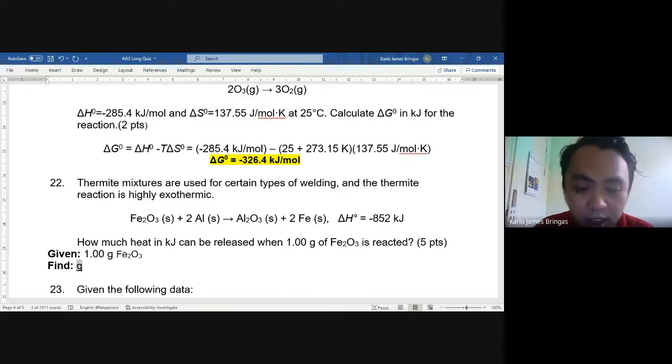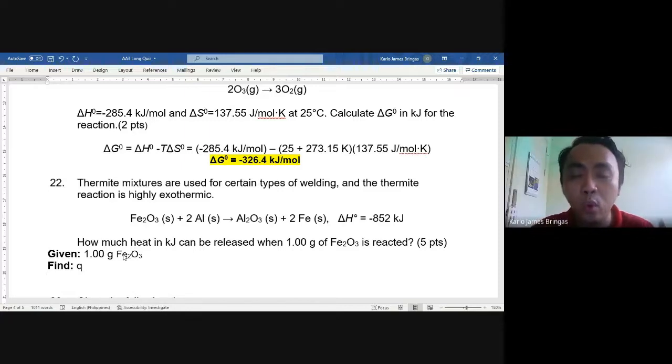Quick review lang. We have the thermite reaction going on in here. The thermite reaction is used in welding. If you have seen welding happening, you might notice that our welders use a very thick visor. Our thermite reaction is a very highly exothermic process. It releases a lot of heat energy, and some of that heat energy is turned into light. That is why you also need your visor to protect your eyes from the brightness.